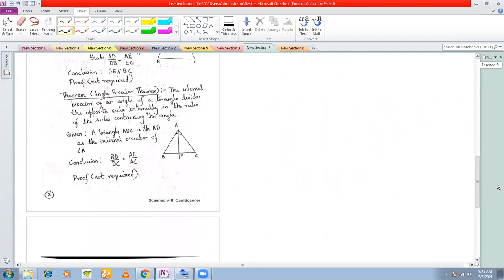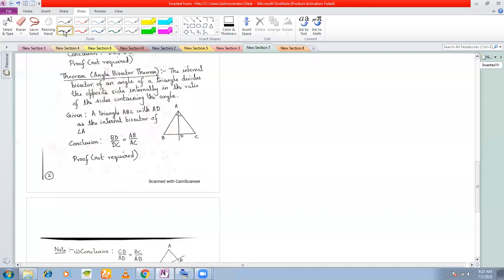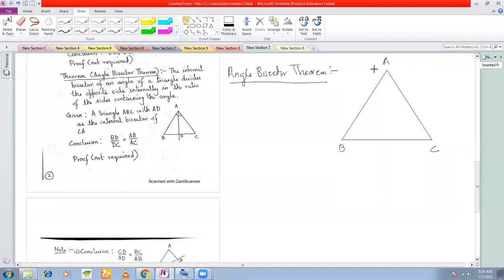Okay. So let's move on to the next theorem, which is called the angle bisector theorem. In this, if you have a triangle ABC, in which suppose I am bisecting the angle A. If I'm bisecting this angle, that means this angle here must be equal to this angle here.